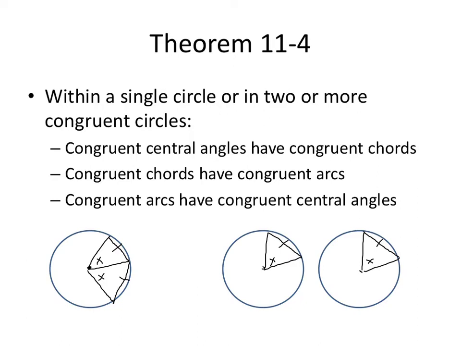Congruent chords have, and this is the converse of the previous statement, have congruent arcs. Or no, sorry, it's not the converse, the third one's the converse. So the congruent chords have congruent arcs, and the arc is what we're talking about is the distance around the circle from here to here, from here to here would be congruent. Here to here and here to here would also be congruent. And then congruent arcs have congruent central angles.